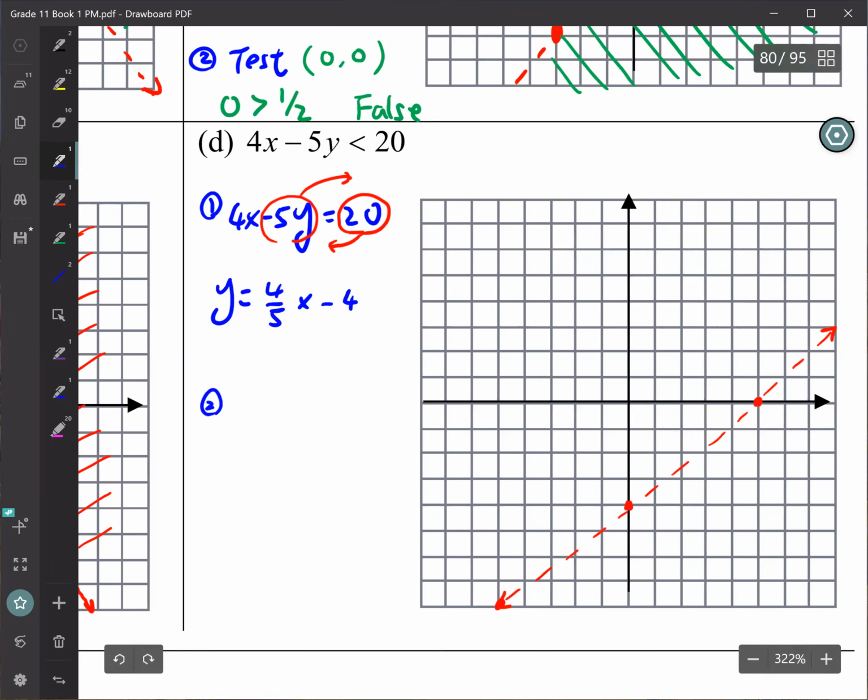Next, we'll test, okay? 0, 0 is our choice again, because it's not on the line, we can use that. If 0, 0 is right on the line as well, then you choose other points, because you need to use a point that's on one of the sides. Right, so please do the testing. Raise your hand when you found out true or false.